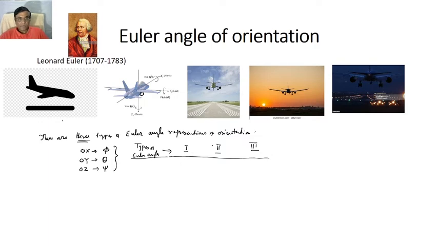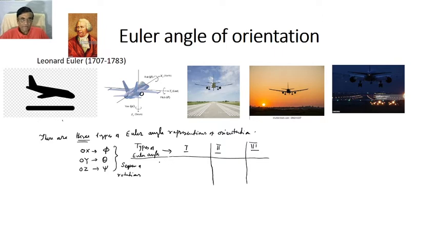Okay, types of Euler angle. So type 1, type 2, type 3. Okay, and what is the sequence of rotations?